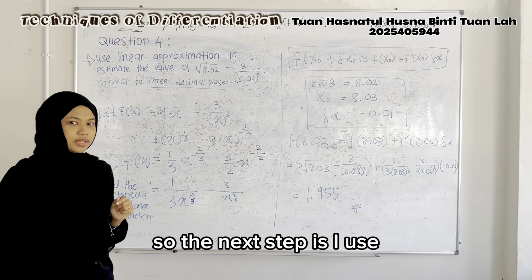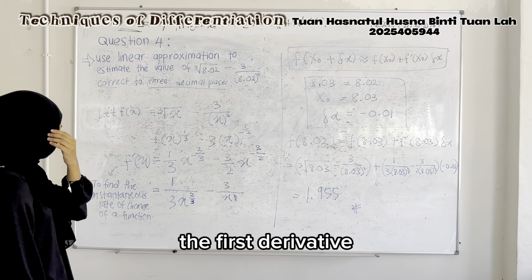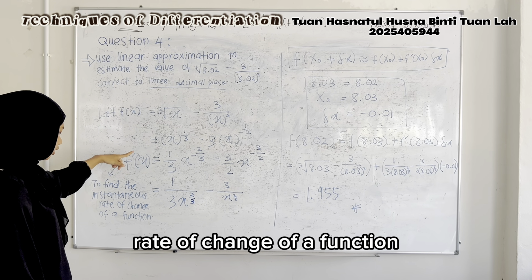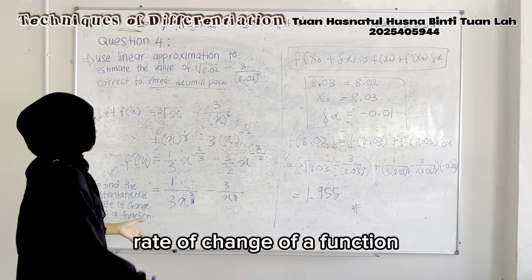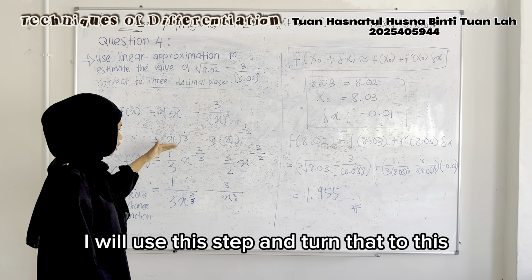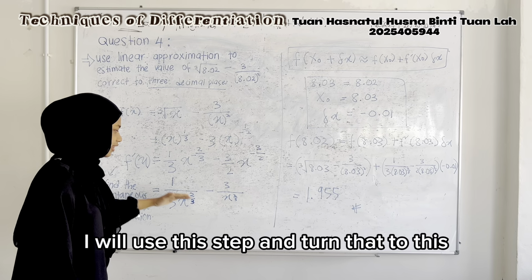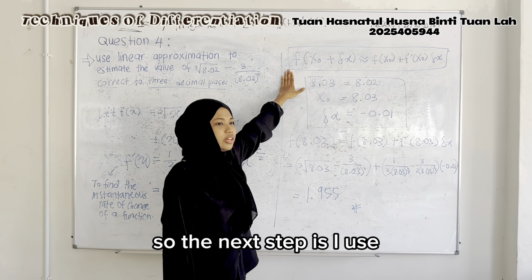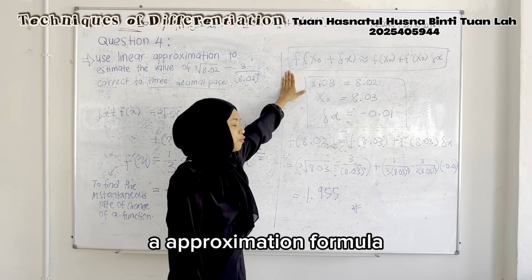The next step is I use the first derivative because I want to find the instantaneous rate of change of a function. Next, I use the approximation formula.